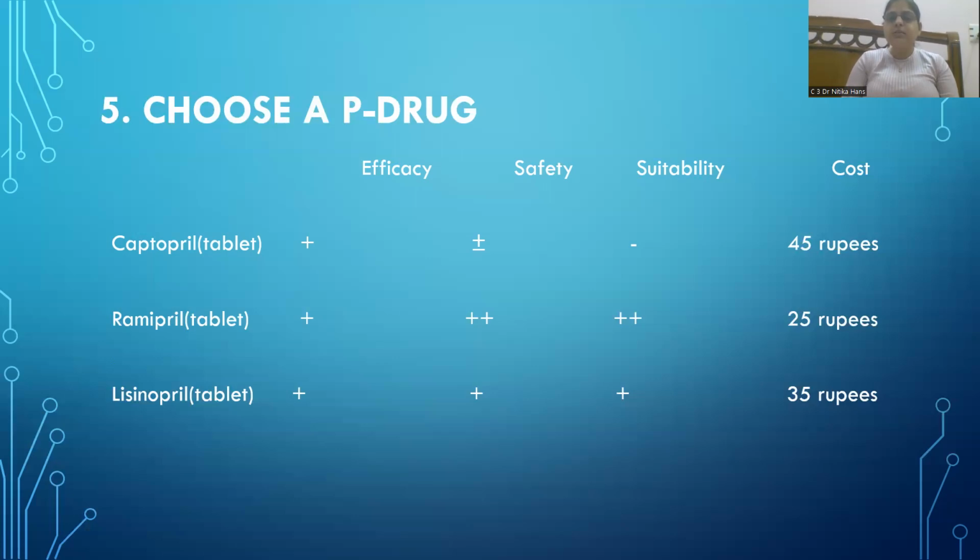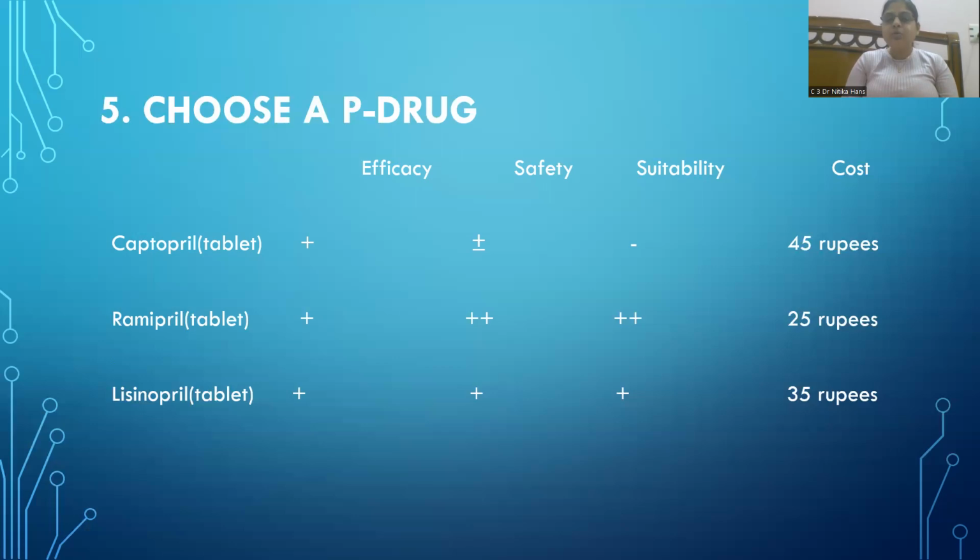Lisinopril, on the other hand, has slow oral absorption, plus it also has interactions with food. So it is least used now because of the slow oral absorption, and the cost is also 35 rupees.